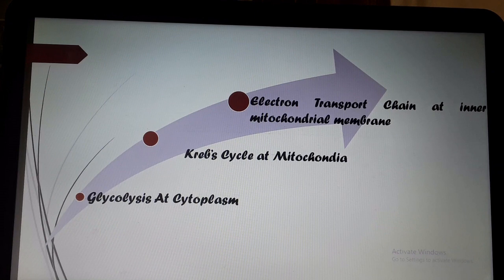The first and second can yield a small amount of energy. If the third process, ETC, the electron transport chain, is not performed at the inner mitochondrial membrane, then ATP generation in bulk amount is not possible. Okay.